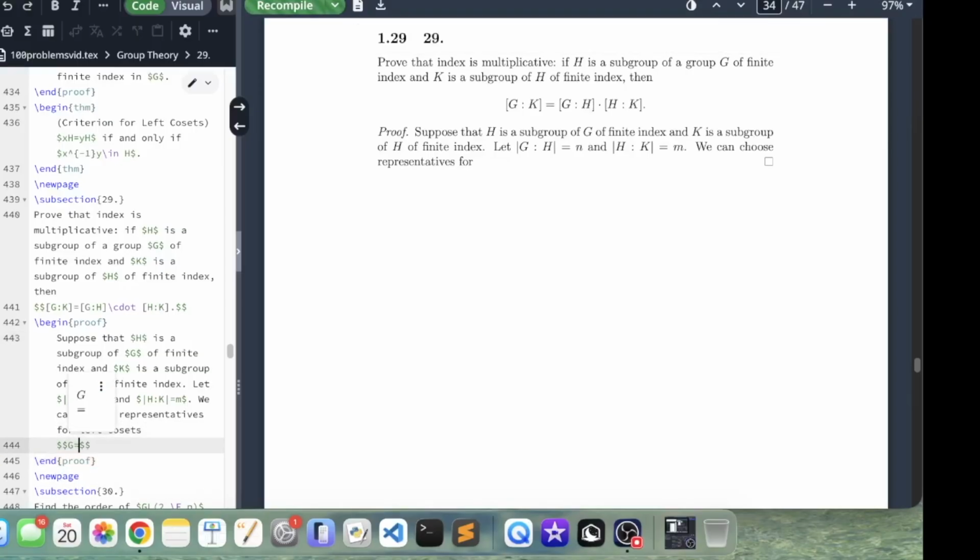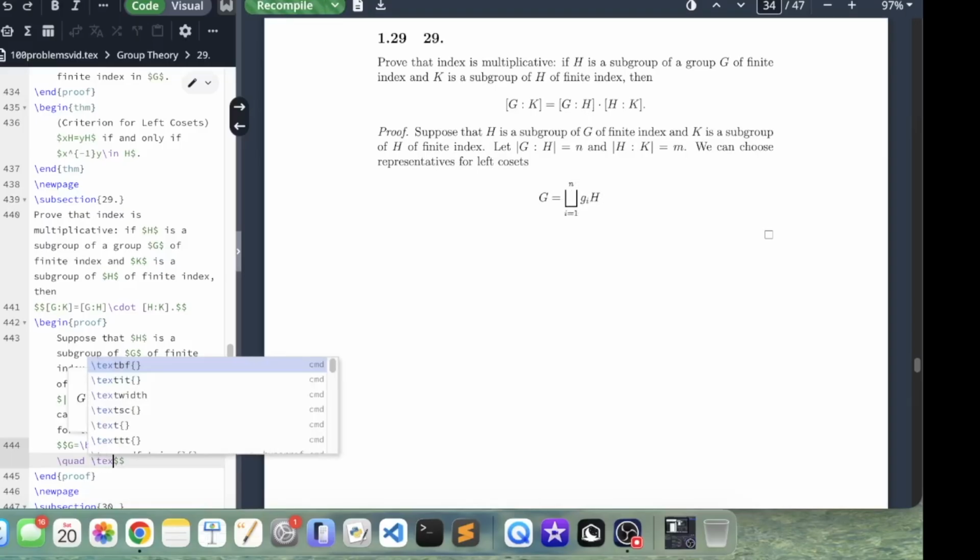So we can write G as the disjoint union, from i equals 1 to n, of g_i H. So this is, we can choose representatives for left cosets. This is a characterization, and we can also write H similarly.